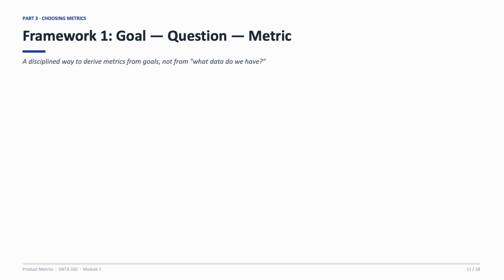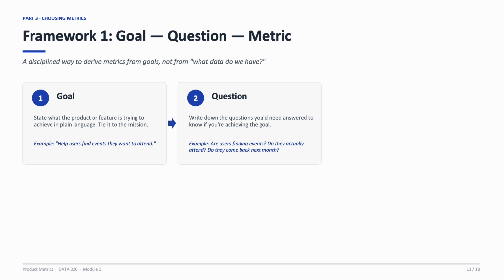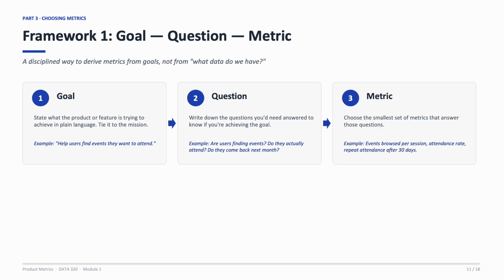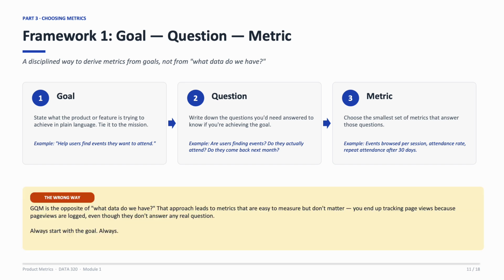So look at the example flow. First, the goal: help users find events they want to attend. Questions that would tell you you're achieving it: are users finding events? Do they actually attend? Do they come back next month? And metrics that answer those questions: event browse persistence, attendance rate, repeat attendance after 30 days.